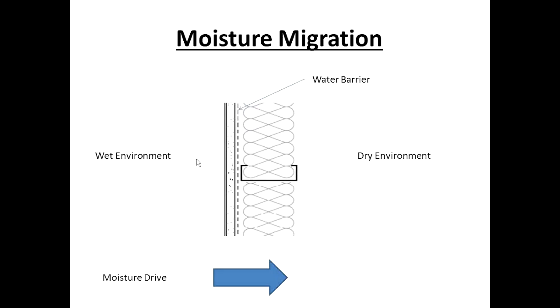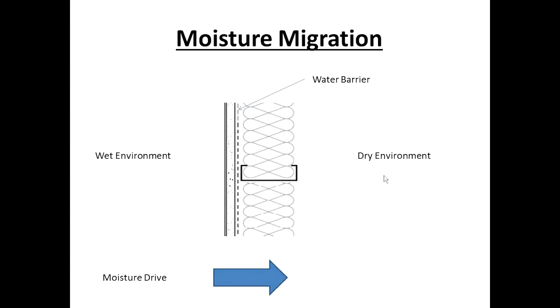Water in its gaseous state, vapor state, puts us into following the ideal gas laws, where we have, as you can see, a wet environment and a dry environment. And what the ideal gas laws tell us is it's going to set up a moisture drive that's going to drive water in its vapor state through that wall, because that wet is going to try to get to dry, and it's going to blow through anything that it can that's water permeable.